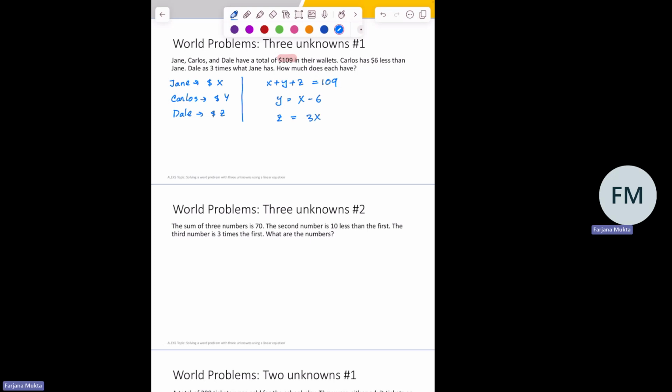Okay, so we interpreted this problem in terms of mathematical equation using our assigned variables. Now we'll solve them. So in terms of solving, we will use this information here in the first equation. So let's name the first equation as star. And we will use this y and z in the equation star. So, right, substituting x minus 6 and 3x for y and z.